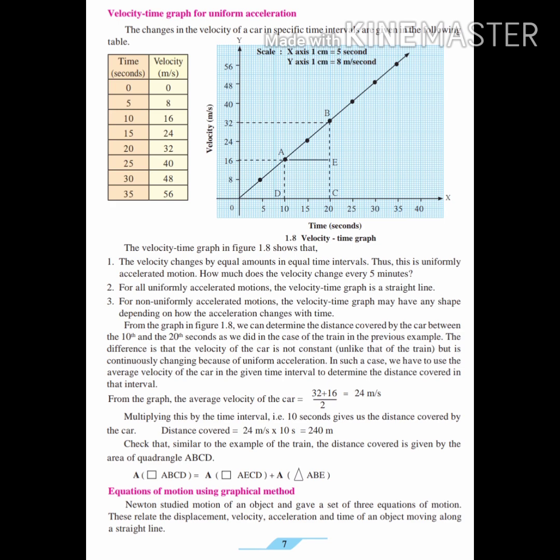Now coming to the velocity-time graph for uniform accelerated motion. Now if you see here, students, time versus velocity: time is taken on the x-axis and velocity is taken on the y-axis. On the x-axis a 5 second difference is given, and on the y-axis a difference of 8 meters per second is taken.